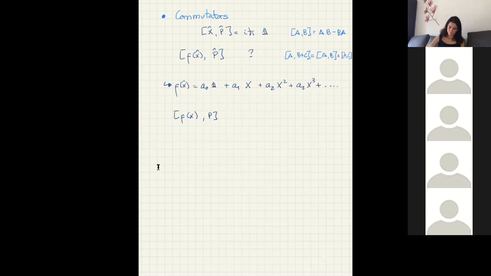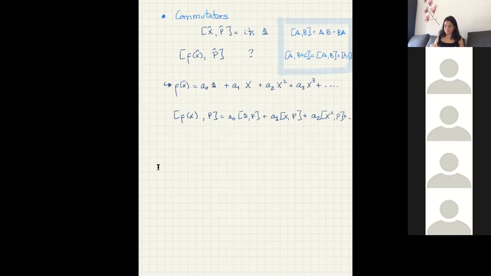So in this case, this means that we'll have a0 times the commutator of the identity with p, plus a1 times the commutator of x and p, plus a2 times the commutator of x squared and p, and so on.